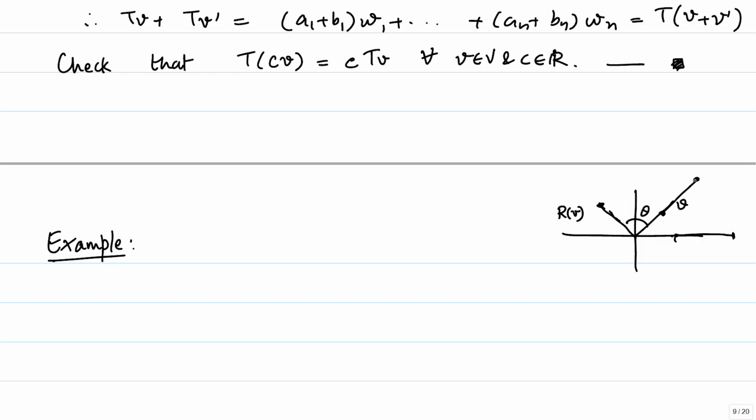So the theorem which we just proved tells us that we don't need to bother defining our R on every vector. If we know what it is on basis vectors, we can extend it to a definition on the entire vector space, here in this case R2.